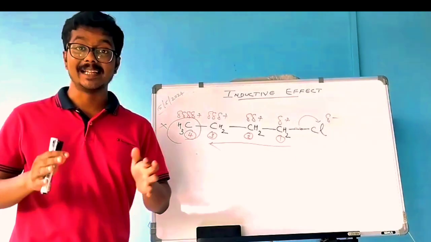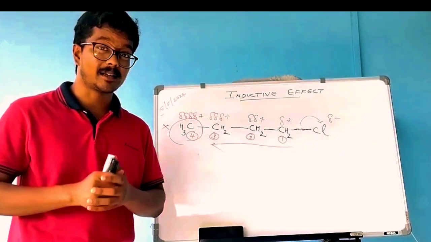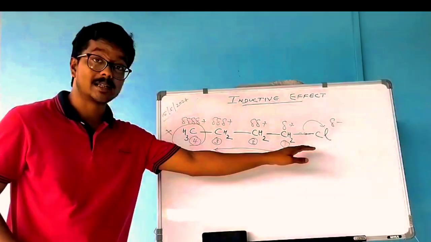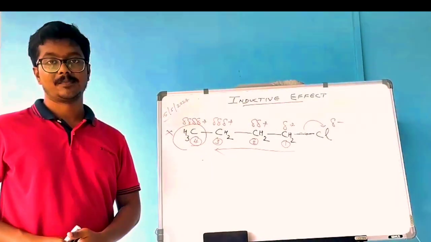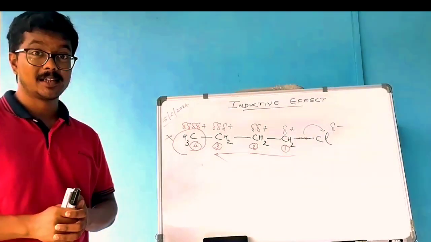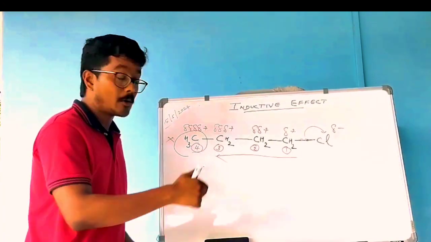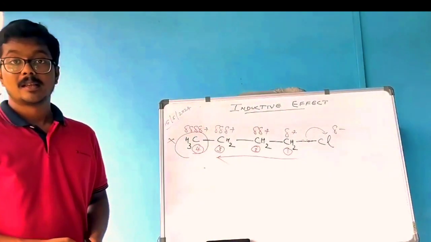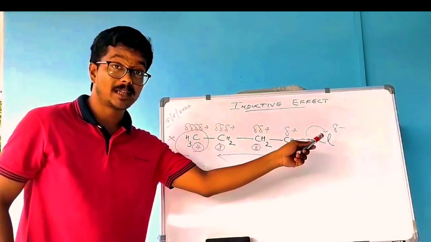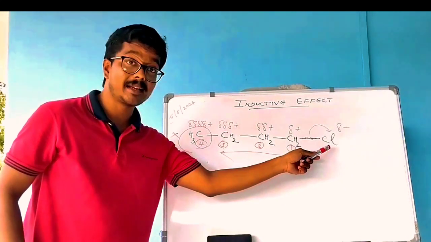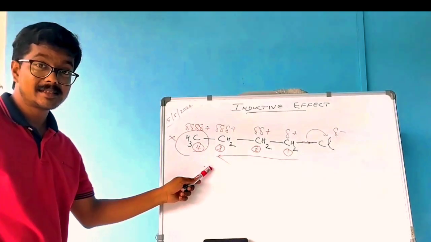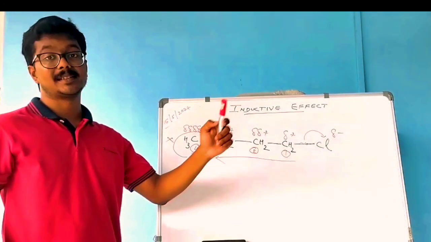This effect is known as inductive effect, which is a permanent effect. Why do I say permanent effect? As long as this molecule exists, this effect also exists. Now we can define inductive effect. It is a permanent effect due to the movement or shifting of shared pair of electrons towards the more electronegative atom, and this effect extends throughout the chain, but the intensity of the effect decreases with distance.